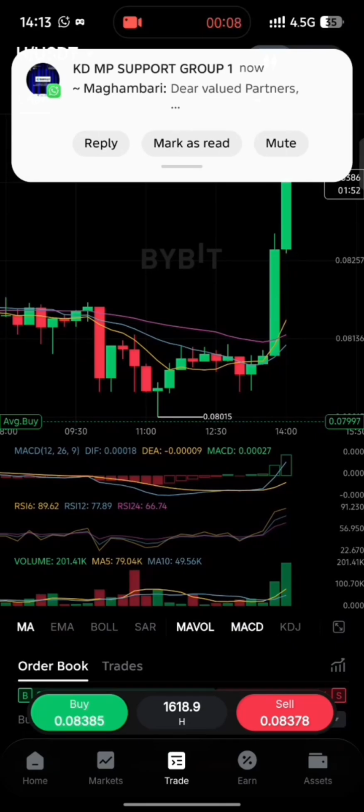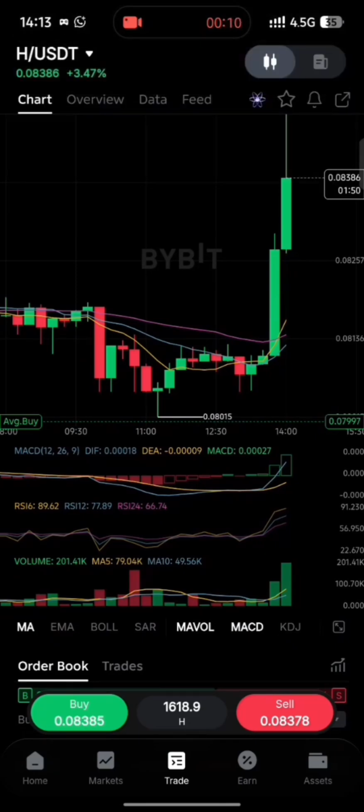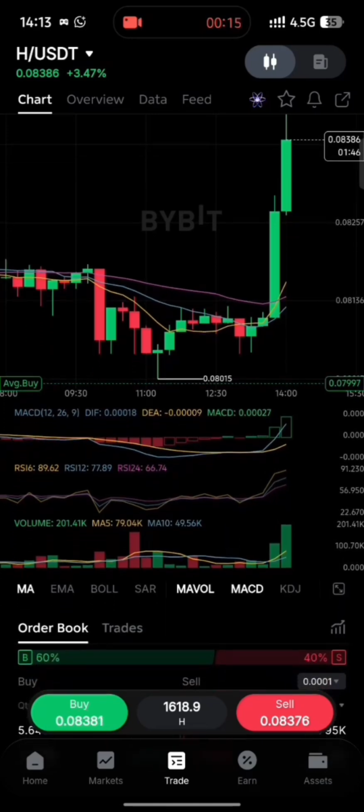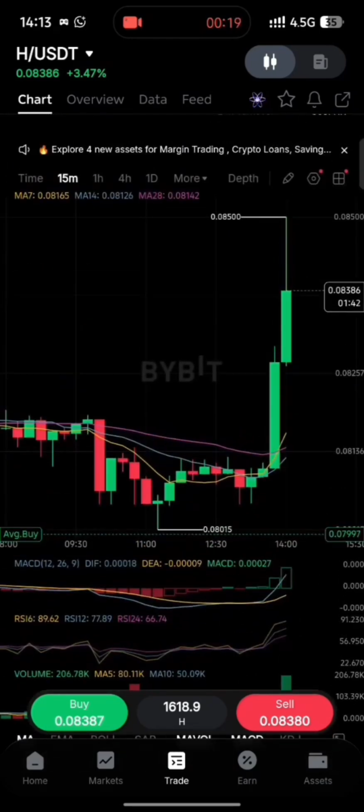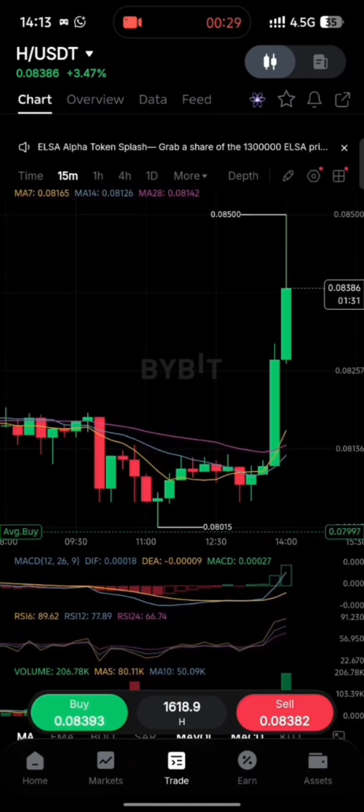Now you can see this is how some of these things happen. All of a sudden, boom, it has increased. You can see the MACD line has crossed the signal line, and the RSI is above 80 already.